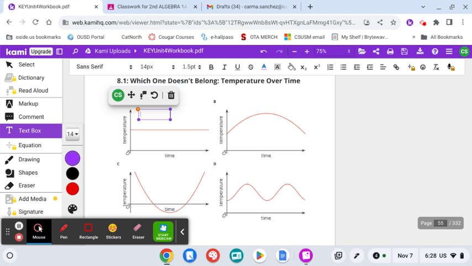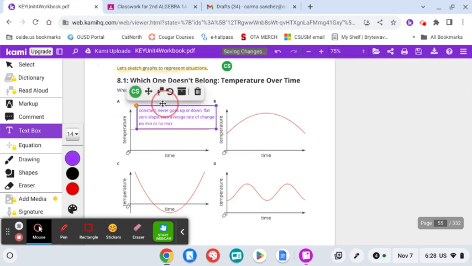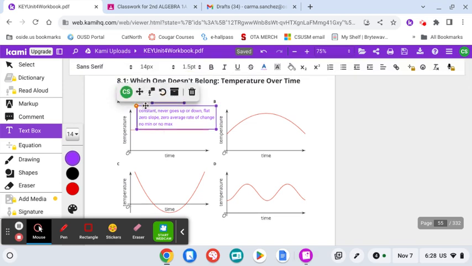All right, you could say it's constant, never goes up or down, zero slope. You could say no min or no max. Any of these things would work for why you said this one does not belong.